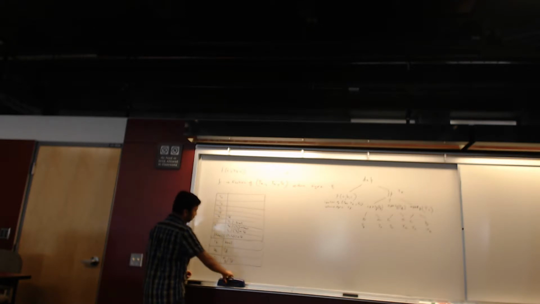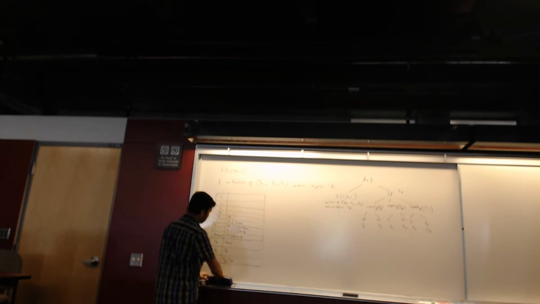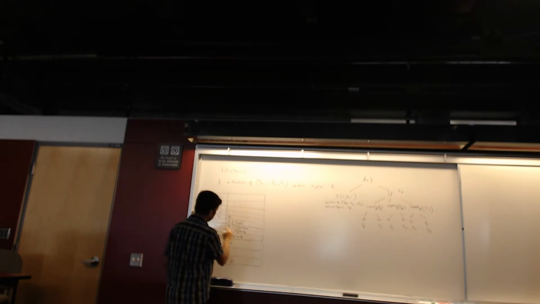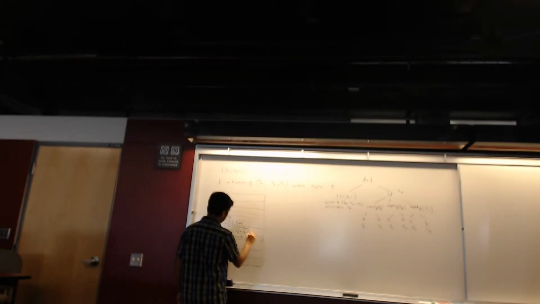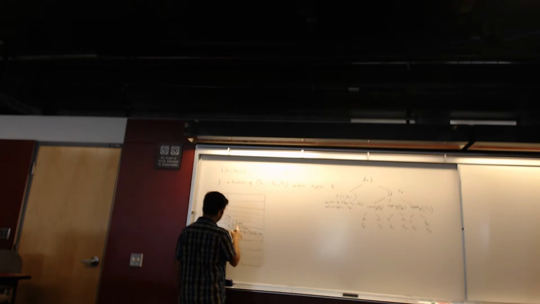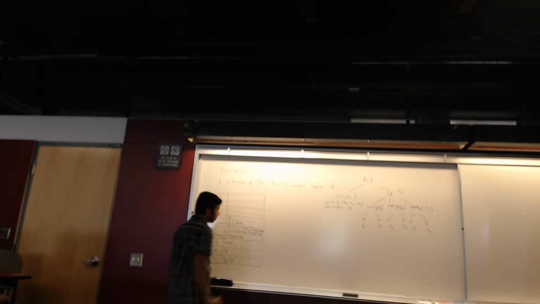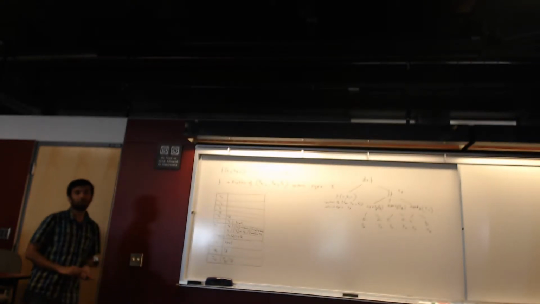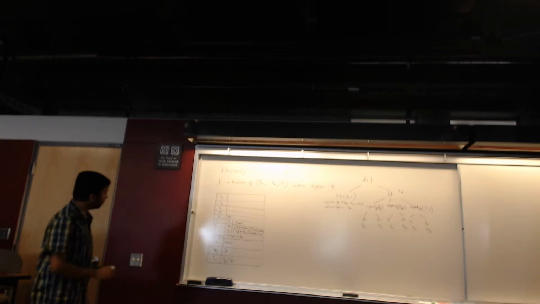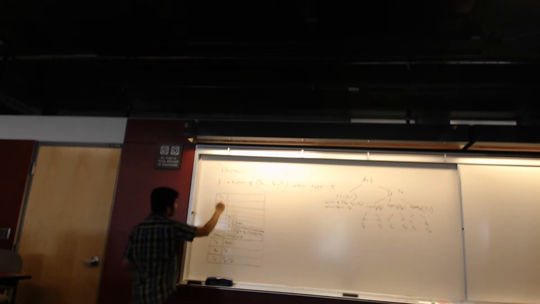If TA is boolean, then this C becomes takes in a boolean and outputs TD. This B becomes takes in a boolean, outputs boolean. Right? So TA is boolean, so that means this is boolean.